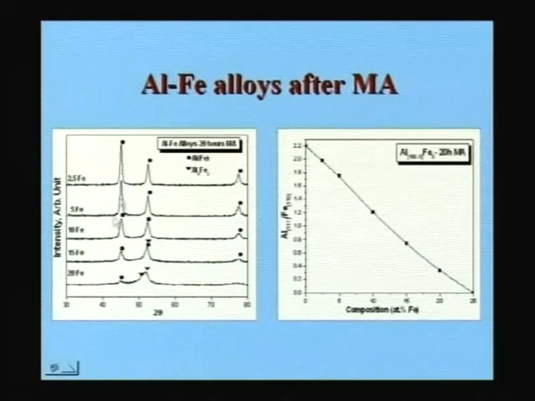So this is what you see here, and to identify that, if you take the aluminum 111 peak and the iron 110 peak, take the ratio of these two and plot it as a function of time or as a function of composition, you will see that at 25% this should go to 0. Why?